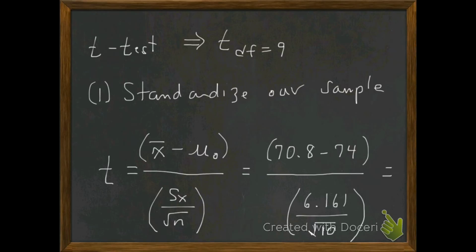And when I do, I get negative 1.64. So this tells us that our sample of 70.8 is 1.64 standard errors below the claim in H sub 0.